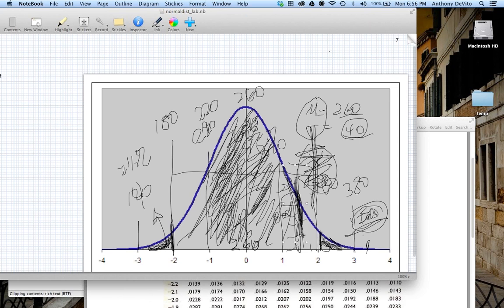Our mean is 260. Our standard deviation is 40. So 320 is 60 away from the mean. So that is how many standard deviations away? 1.5. That's a z-score of 1.5.